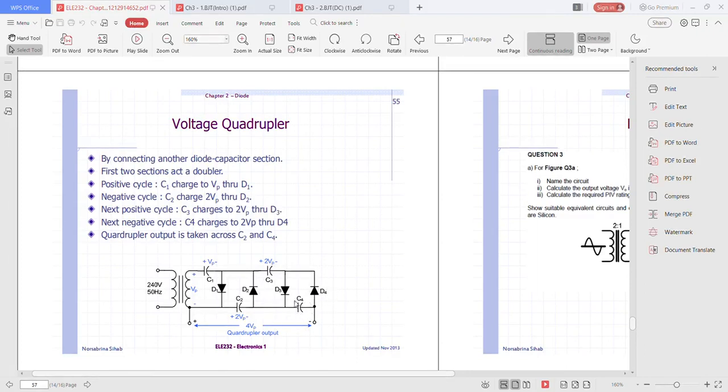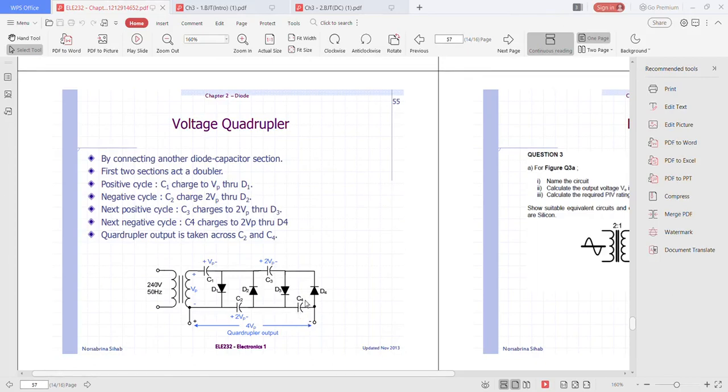This capacitor C4 will be charging, and C3 will act as an input and will charge capacitor C4, and here you will get 2 Vp. Yeah? The value of VC4 will be equal to 2 Vp.